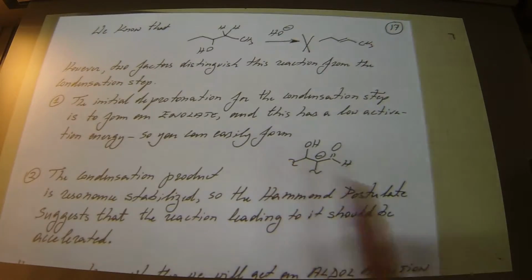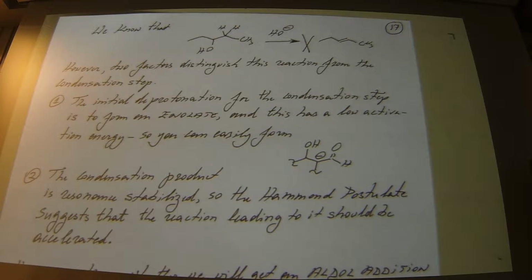One reason. The other reason is because the condensation product is an alpha-beta unsaturated carbonyl. Remember what we said about alpha-beta unsaturated carbonyls. They are resonance stabilized. I can write 3 resonance forms for alpha-beta unsaturated carbonyls. And so, the product of the loss of OH minus, the alpha-beta unsaturated carbonyl, is resonance stabilized, stable.